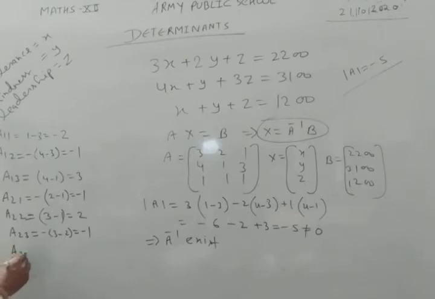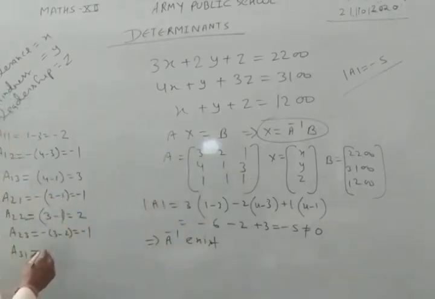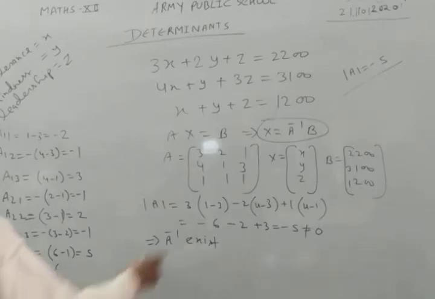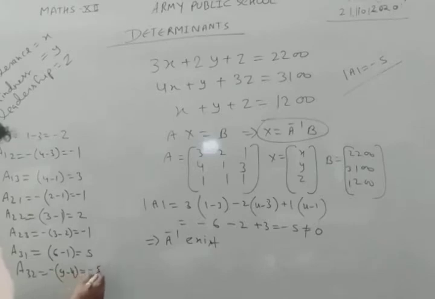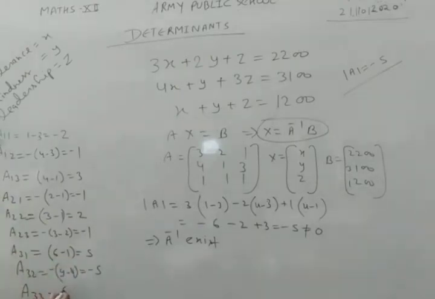And A31 is, cancelling, 6 minus 1, this is 5. A32 is, with the negative sign, 9 minus 4, this is minus 5. A33 is, cancelling, 6 minus 1, this is 5.